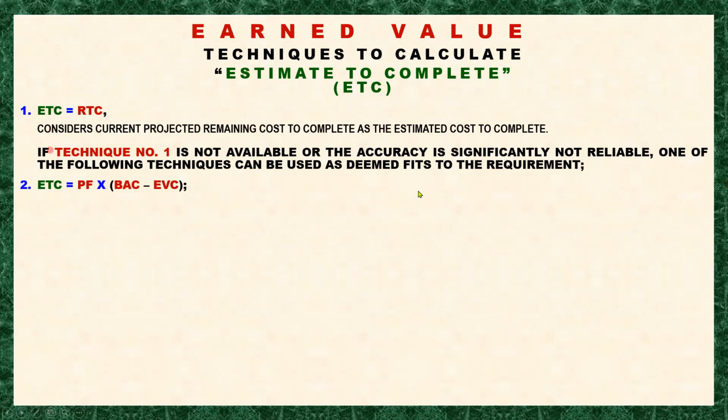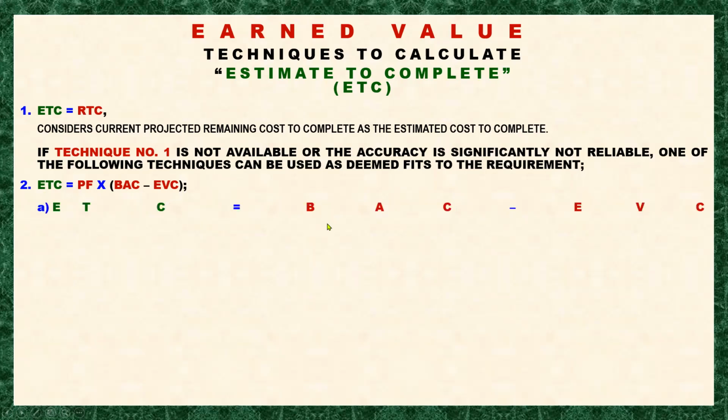Okay, let's move. So here is the second technique, but this second technique includes four techniques under it. The only difference here is the performance factor that you need to apply to this formula.